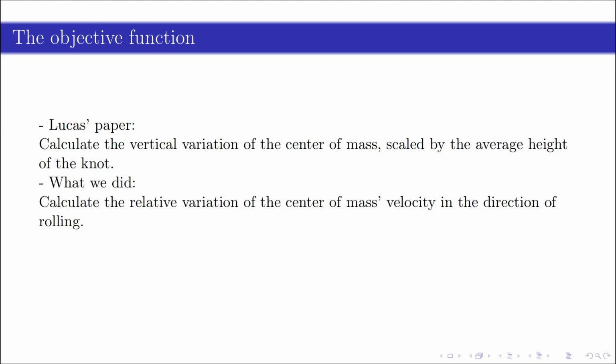One possibility is to just calculate the vertical variation and then just add the lateral component. But another possibility, maybe a bit more sophisticated, is to calculate the translational velocity of the center of mass in the direction of rolling.